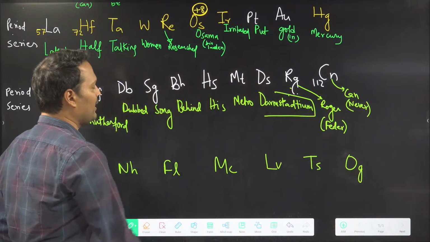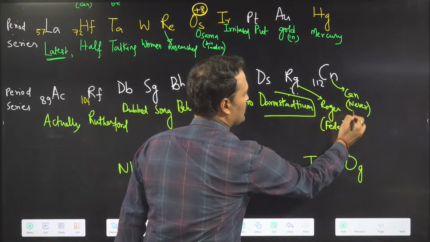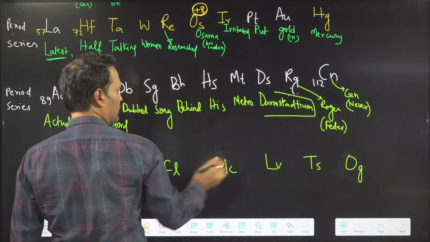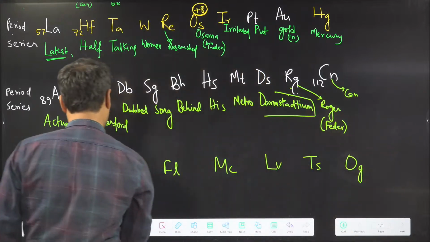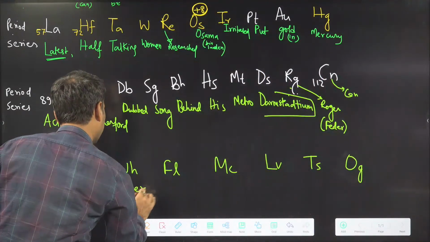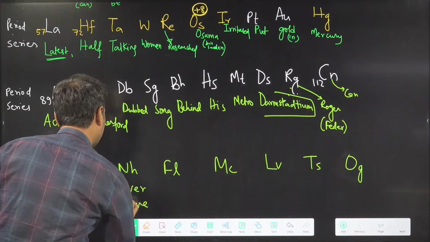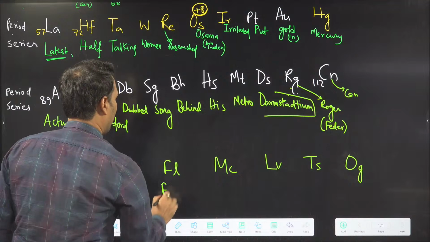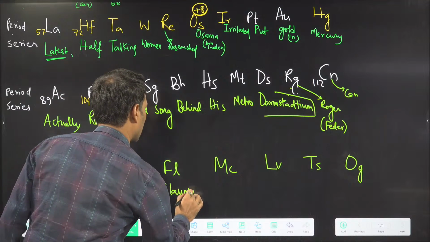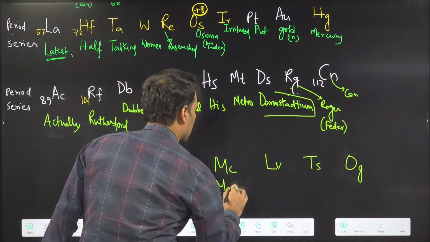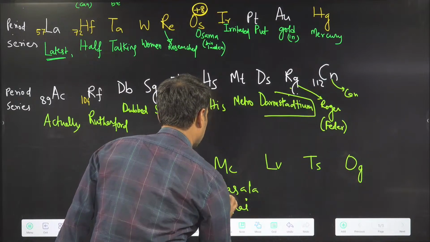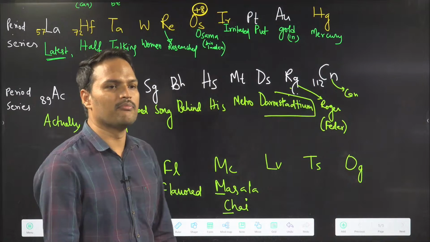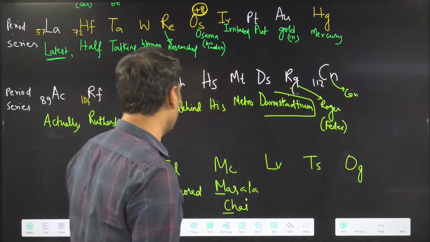So you can make the second line, Roger can never have, we can use it here. Roger can never have, what he cannot have? Flavored masala chai. Some people drink ginger tea, some people masala chai, some people elaichi.